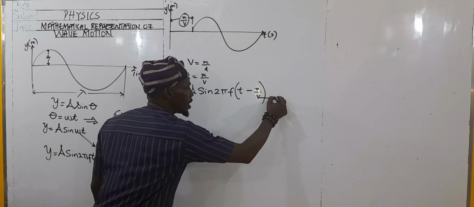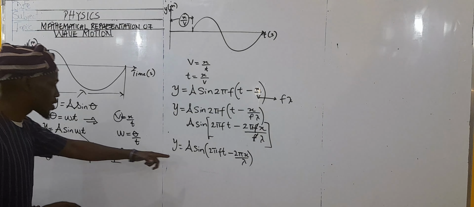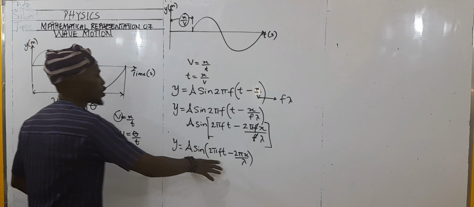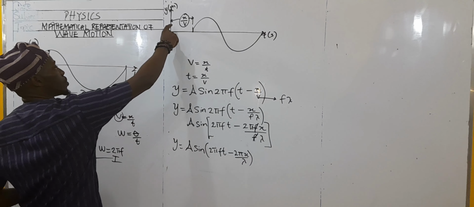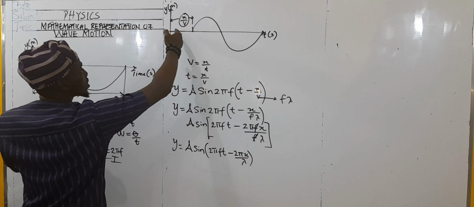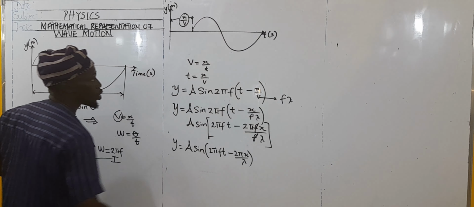So we cancel this. Now y equals A sine 2 pi f t minus 2 pi x over lambda. So now this is the mathematical expression for a wave when it begins after a certain period of time.